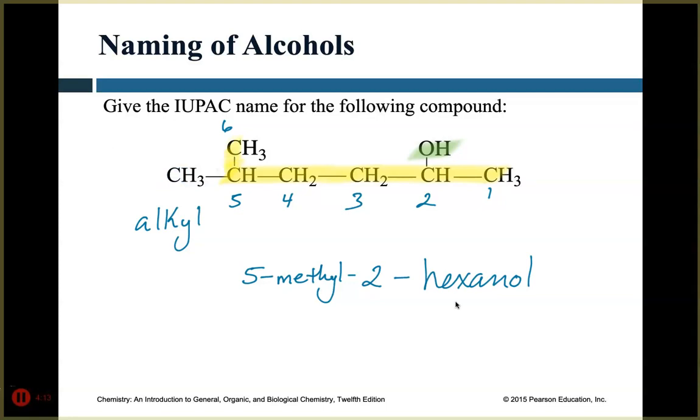So I could call that carbon 6, and that still would put that methyl group at the 5 position. And so again, that's just going to be a structural isomer, so it doesn't change the name.